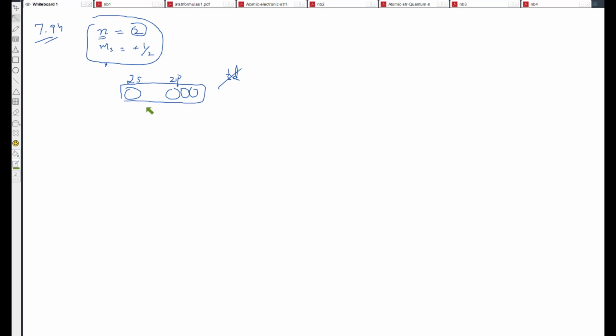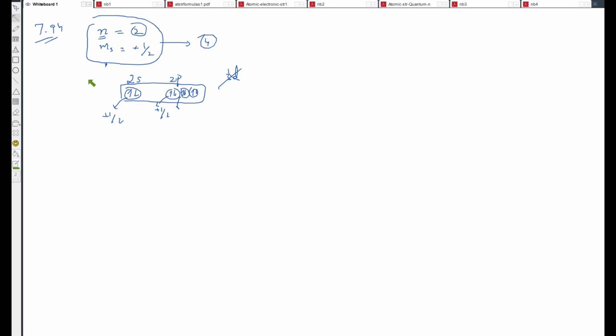4. That's 4, because if one electron is clockwise, the other one is going to be counterclockwise. So if one is plus half, the other is going to be minus half. The 4 others are going to have minus half. So the maximum number of electrons is going to be 4.